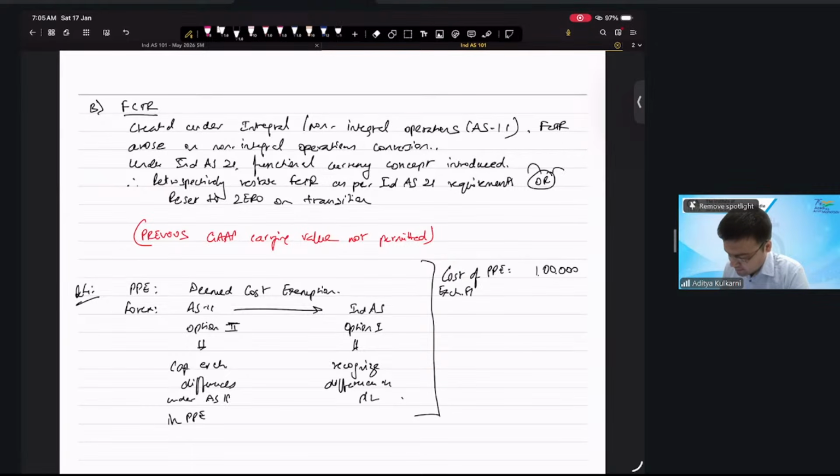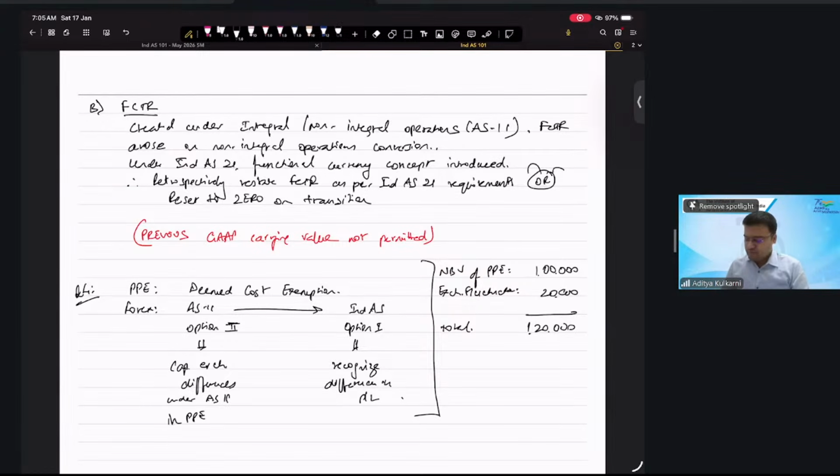The exchange fluctuation that you have capitalized is 1,20,000. When I say cost, I should say WDV or net book value of PPE. So this is your 1 lakh plus exchange fluctuation total. Are we okay with this?